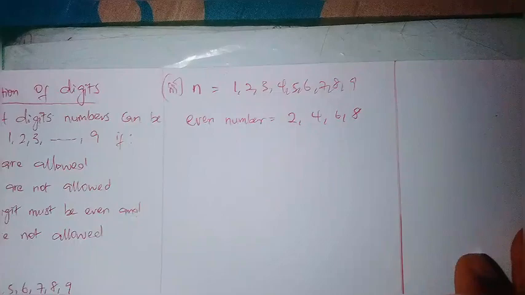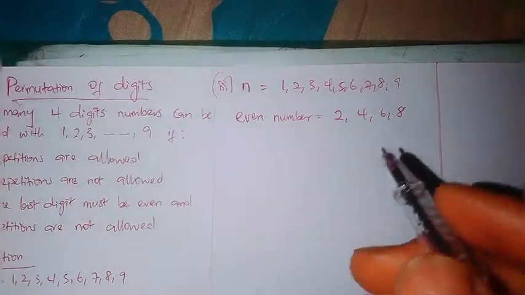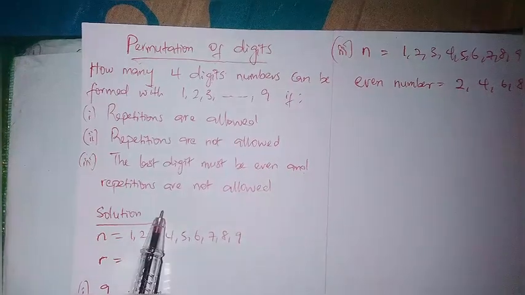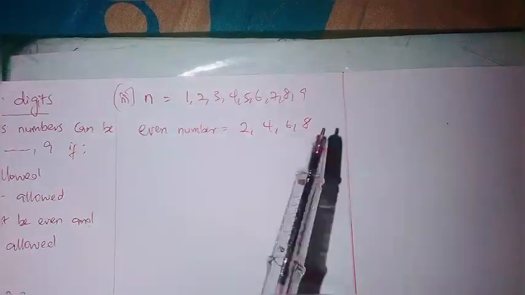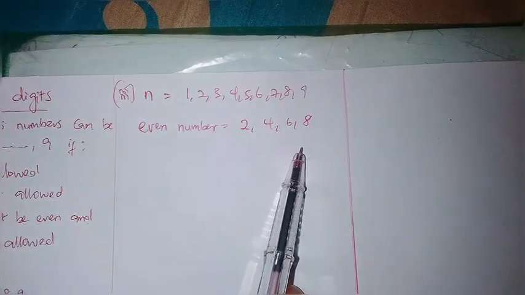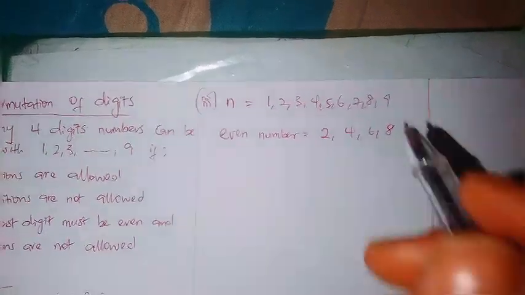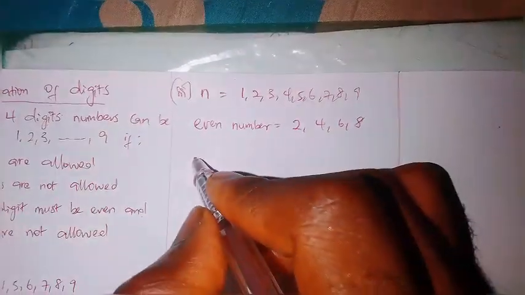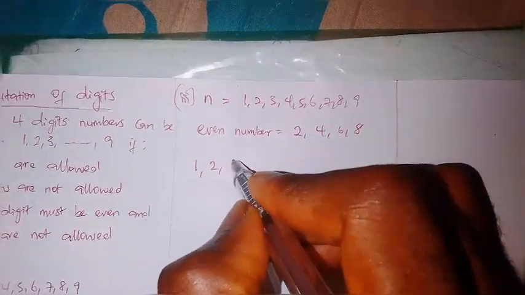So how do I solve this? How I'll solve is relatively simple. To get the last digit that must be even, with repetition not allowed, I first identify all the even numbers. Then I start filling them one after the other. Once I fill in the last even number, I can start with any of them.